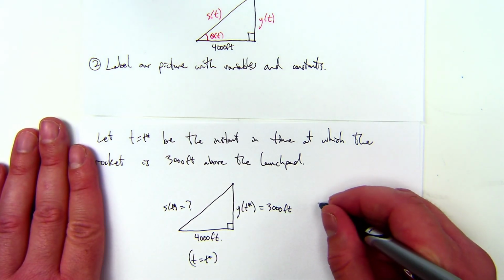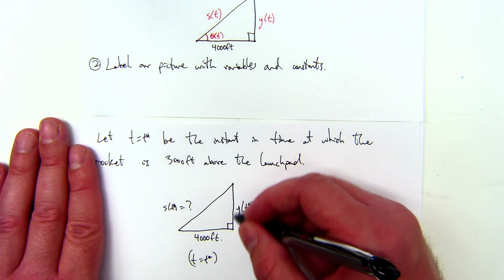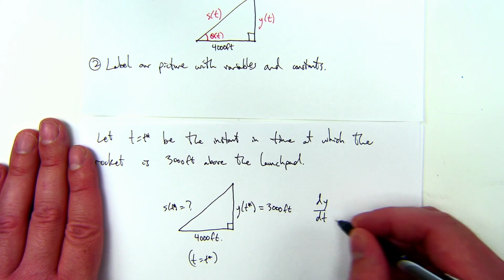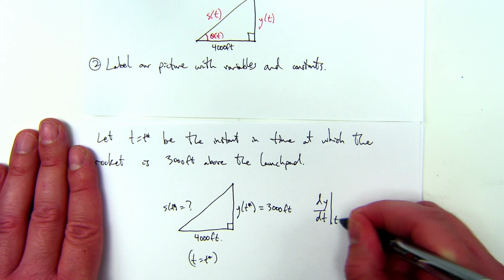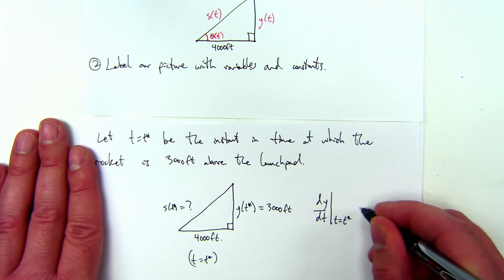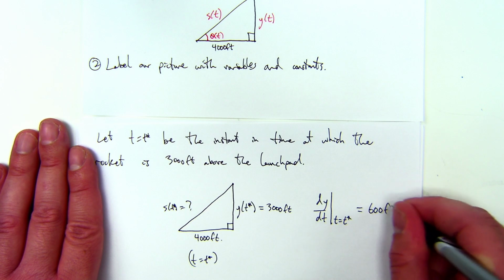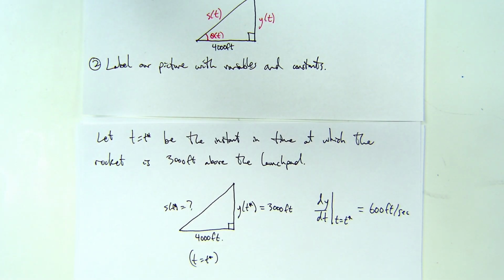We should consider that as dy dt. Maybe it's not constant, so we need to think about evaluating that at the particular instant in time. That information is 600 feet per second, and it's useful to label all the units and keep track of units throughout the problem, I believe. I think that'll be your best bet.